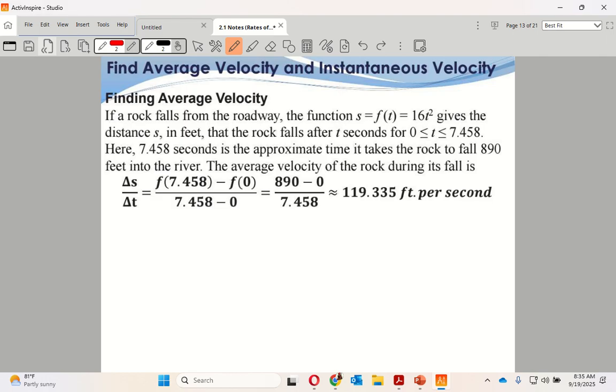Why is it different than that? It's the same function, but why is it different? Didn't we find it here? What's the difference here?